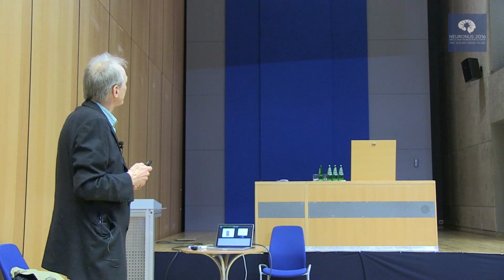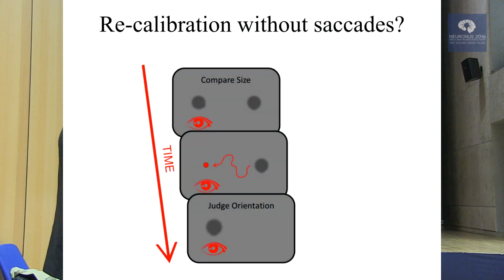So it seems that it's not a very highly specific change, but in the extreme case, and we're testing now many different locations, it could be that something like the cortical magnification factor, this M factor, is really what's being learned here. And to see whether saccades are really necessary, we had a second task where instead of the observer making a saccade to this peripheral stimulus, the peripheral stimulus would make this wiggly motion until it arrived in the fovea, and during this motion, the size would change accordingly.